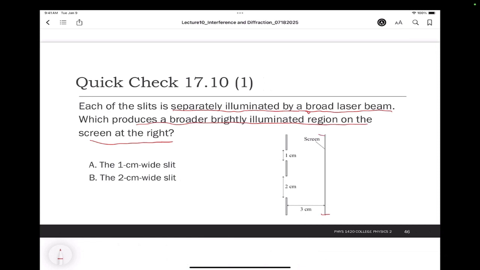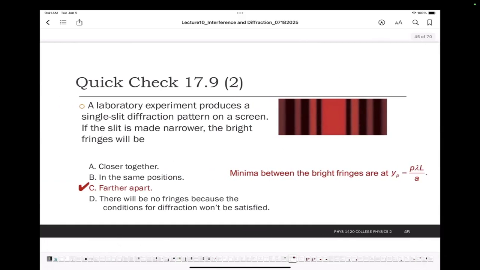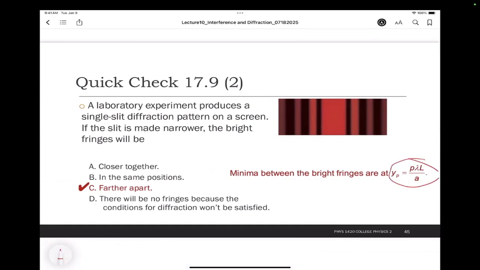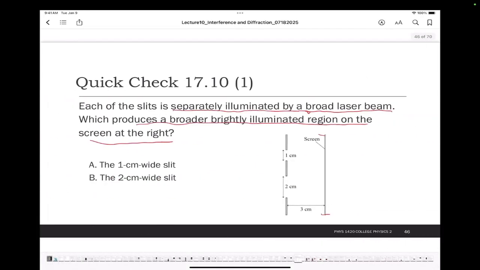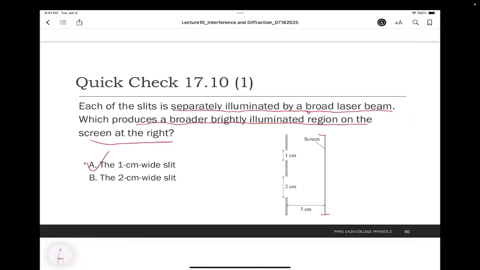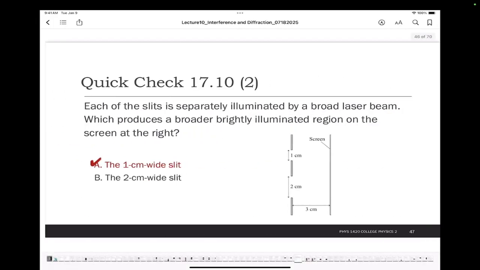If you want the bright fringe to be wider, you need to decrease the slit width, so A is the smaller one. The smaller one will produce a broader, brightly illuminated region on the screen on the right. That makes sense to you? Okay, so this is A.